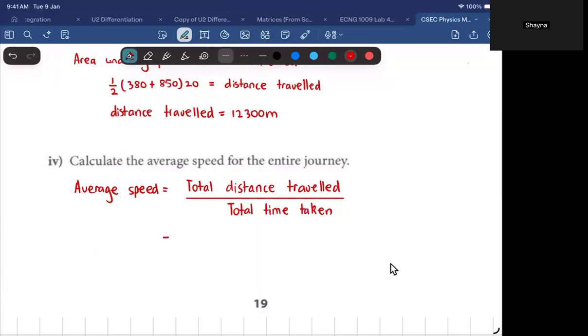So the total distance traveled was what? 12,300. Right? So what was total time taken? It was 850. So that'll be what? 14.47 meters per second. Perfect.